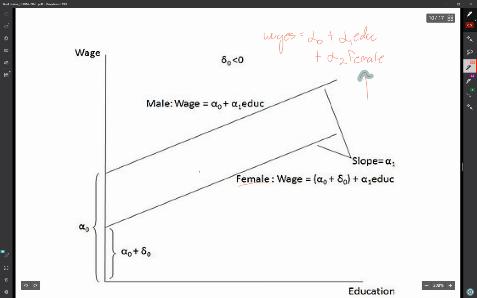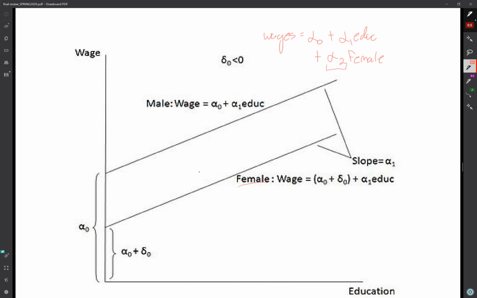But if we wanted to know what this regression would look like for females, first of all, let's assume that the coefficient is going to be negative, which they use delta 0 for here. I forgot to change that, but this means the coefficient on female is going to be negative, meaning that females often get paid less for the same amount of work, same amount of education and qualifications.